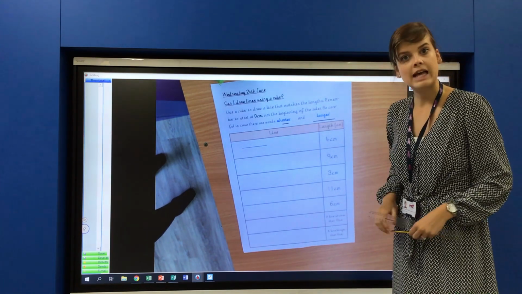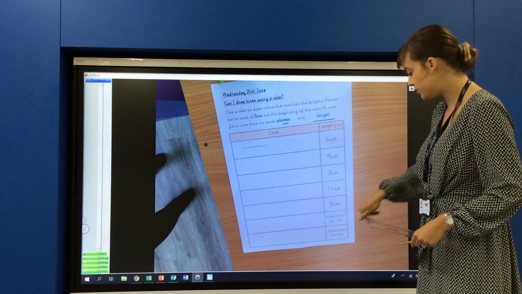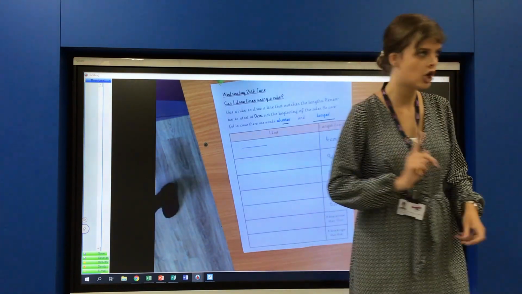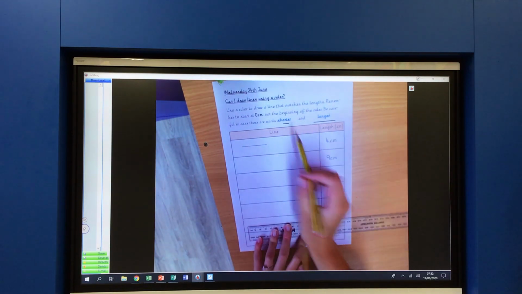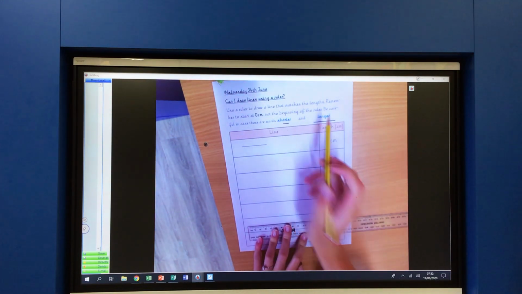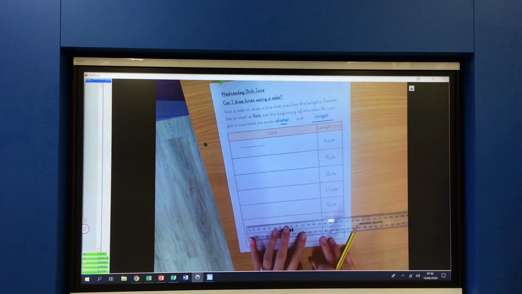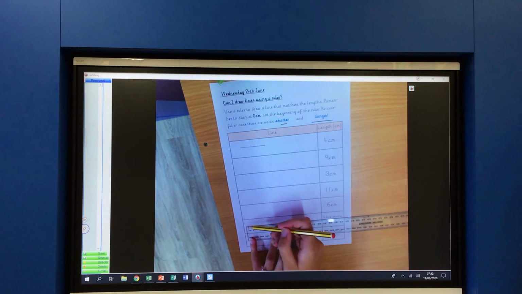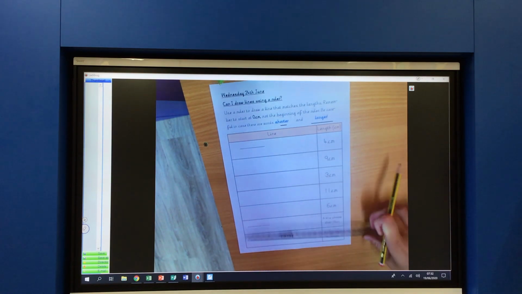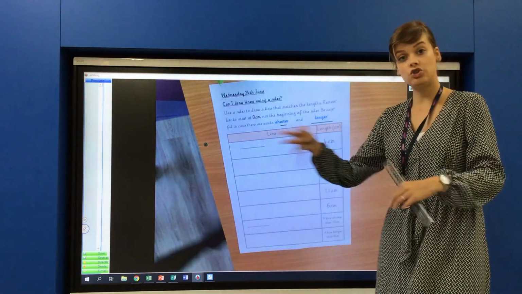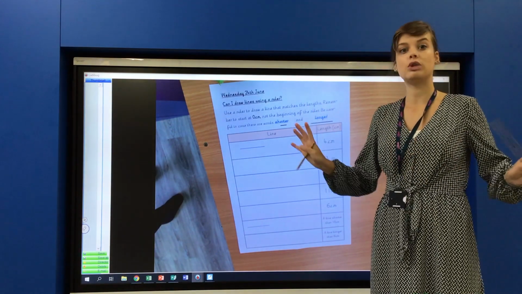But then at the bottom it says a line shorter than 10 centimetres. So we've got a little bit of vocabulary in there, and I've put our vocabulary in bold here so we can remember it. So a line shorter than 10 centimetres. So if I start at 0, I can draw a line that's that length, 1 centimetre, 2 centimetres, 3 centimetres, 4 centimetres. Any length that is shorter than 10, you can draw that line.